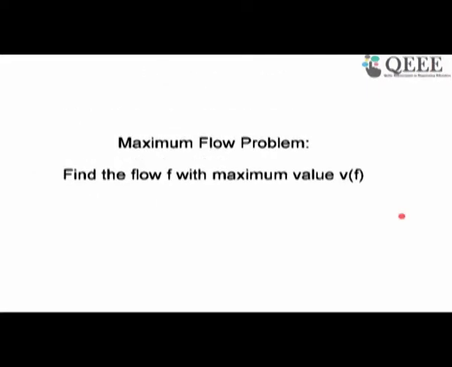Okay, so the problem that we are trying to address here is called the maximum flow problem. Given a directed graph with edges on which we have placed capacities, and given that the graph has a source vertex and a target vertex, a sink vertex, we want to find a flow F which has the maximum value, which means maximum value of Vf.